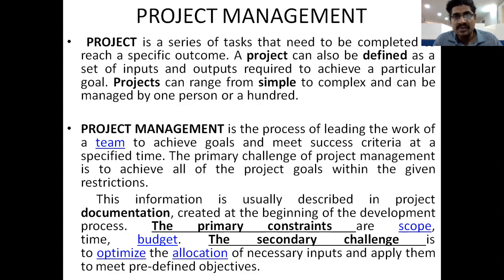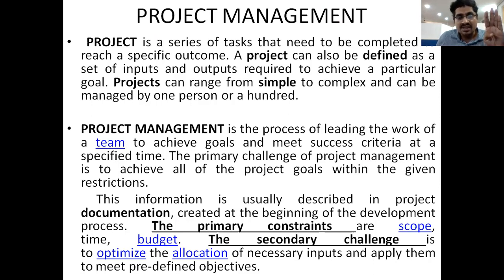So simply, project means a tender or a contract. Project management means proper management of pre-decided activities, and proper management of inputs. Inputs means men, money, machinery, methods, and materials. So proper management of inputs and planning for outputs. Next, having proper documents, preparation of documents and submitting to the government.